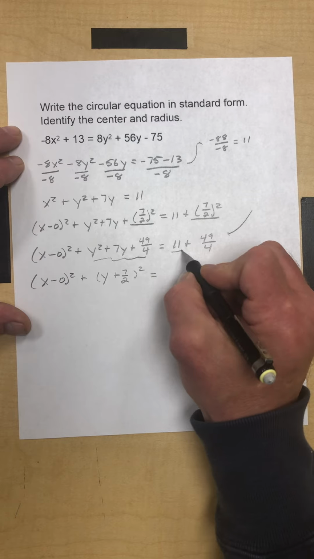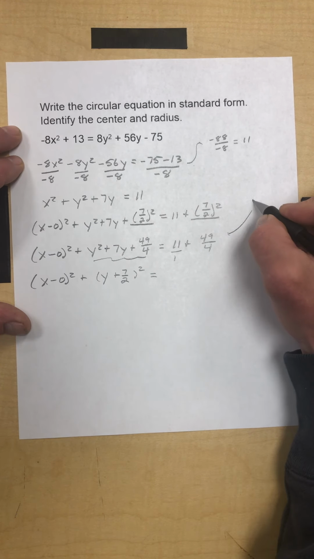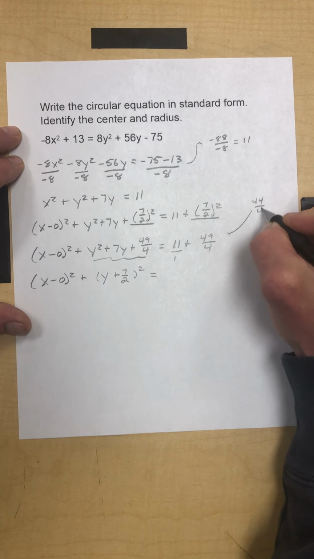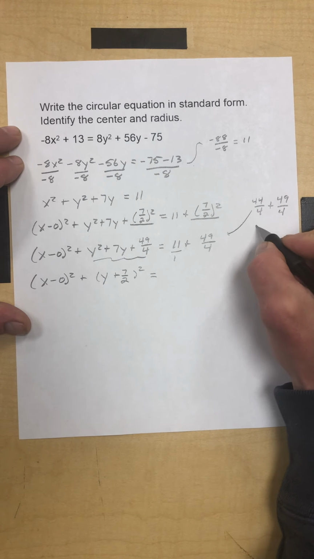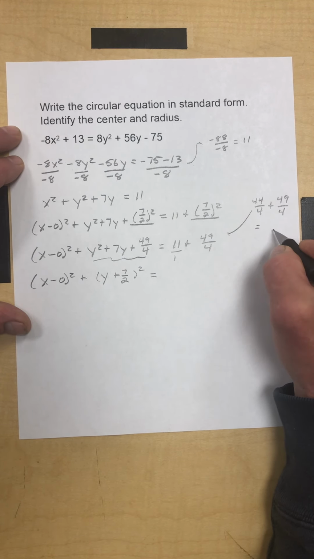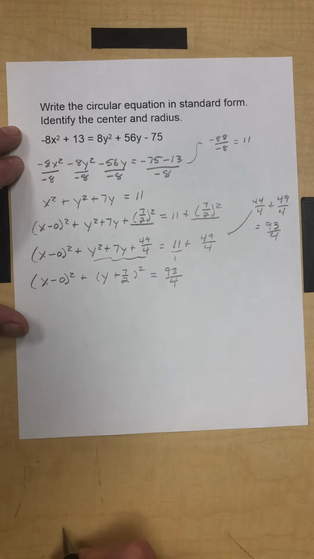Okay, that's like 11 over 1. So I'd have to multiply above and below by 4 here, so that would give me 44 over 4 plus 49 over 4. So when I add those guys, 44 plus 49 would be 93. I'm going to get 93 fourths right there. Okay, so we're good.